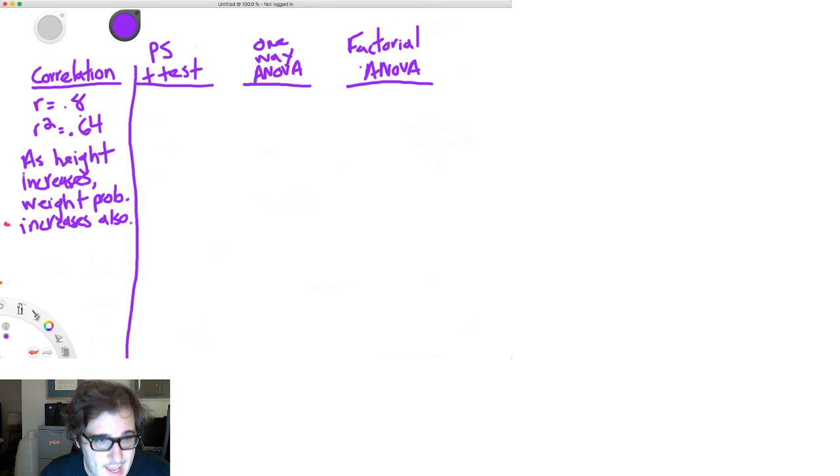After you calculate r squared, you could say that 64% of the variance in weight is explained by height.